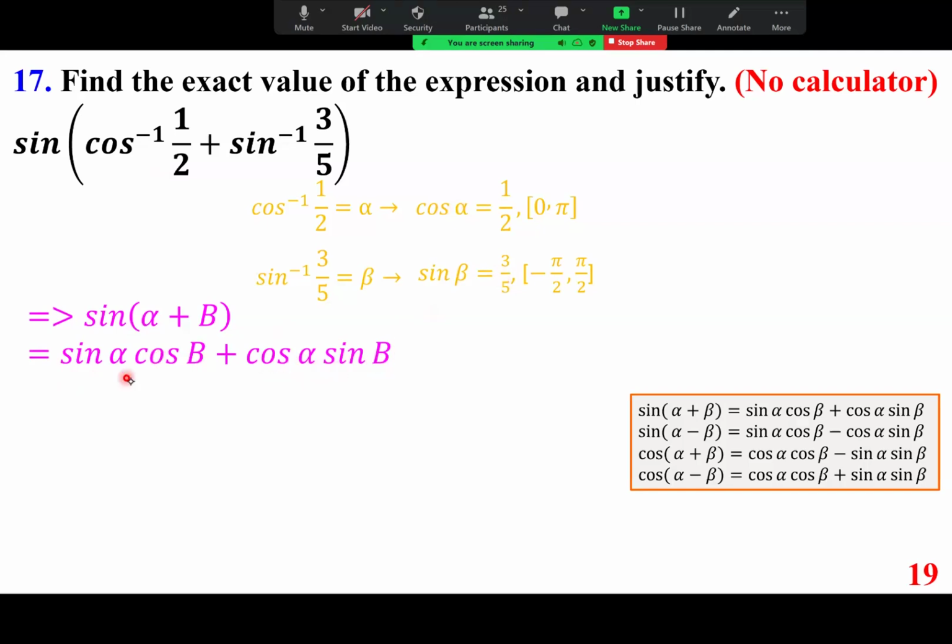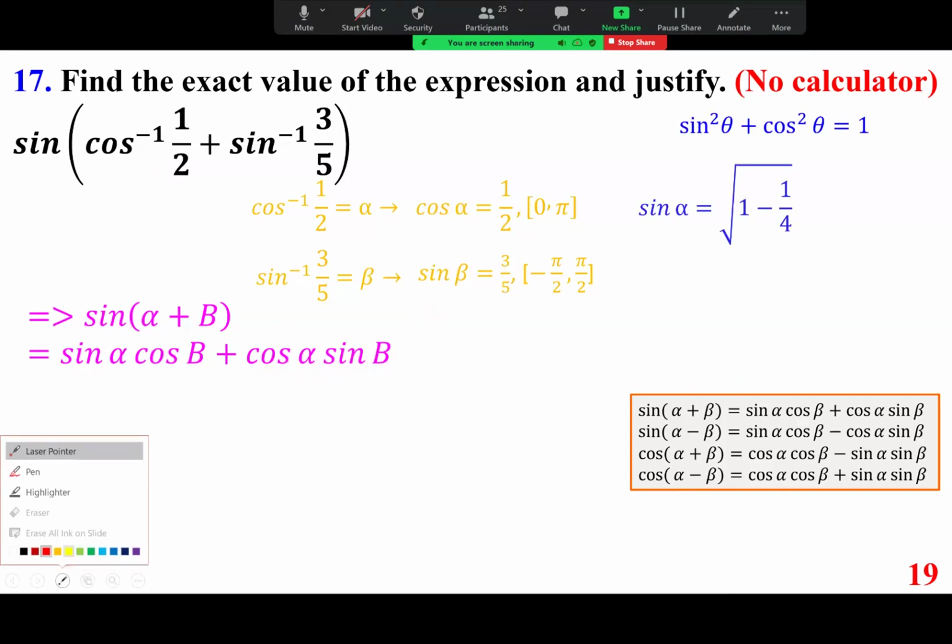And to do so, all you have to do is recognize sine squared plus cosine squared is 1. Therefore, sine alpha is the square root of 1 minus 1/4. Again, just in case, class, the formula is that sine theta is equal to plus minus the square root of 1 minus cosine squared.